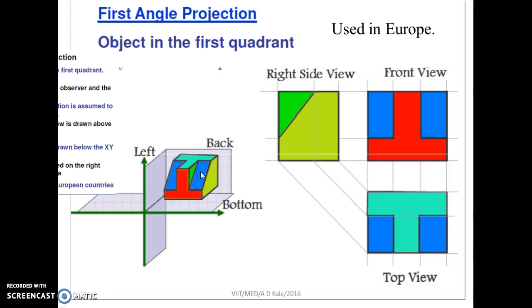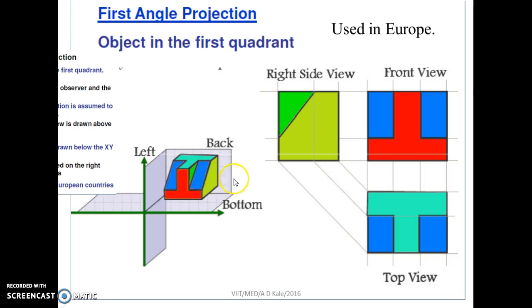Observer means we are the observer, and the object is in between the observer and the plane. This is the vertical plane, and the object is in between the observer and this particular plane. This is called the vertical plane, and this plane is called the horizontal plane.